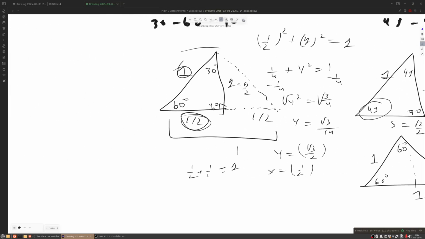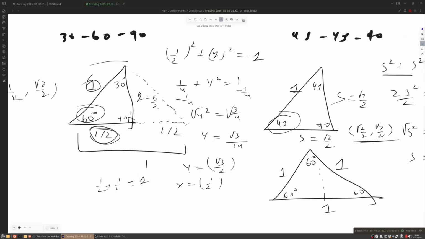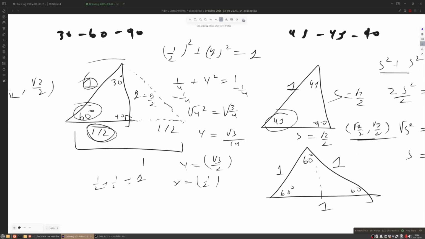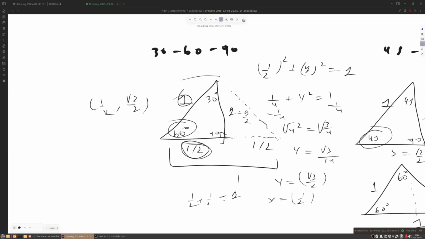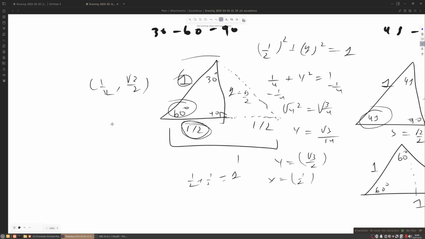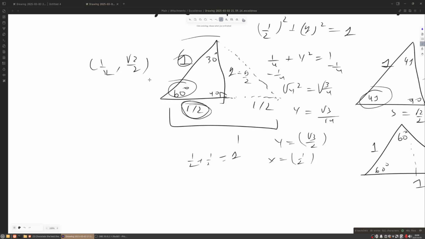And this will be the coordinates, which is 1/2, root 3 over 2, when it is 60 degrees. When it's 45 degrees, it will be root 2 over 2, root 2 over 2. When it's 60 degrees, it's going to be 1/2, root 3 over 2. Also, we can convert this into radians by doing this conversion. 60 degrees is going to turn into 60 degrees times pi over 180 degrees.